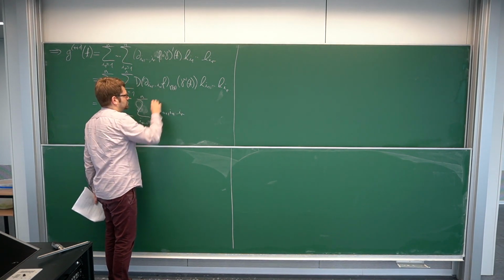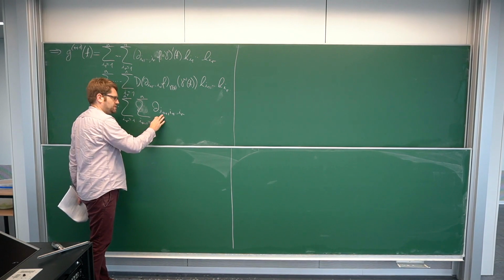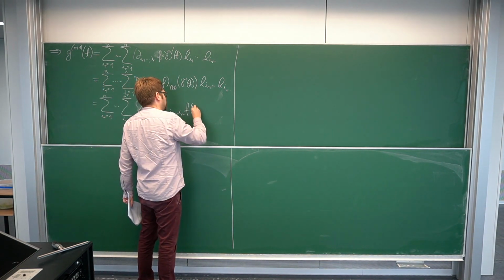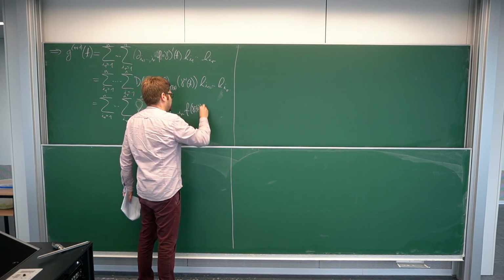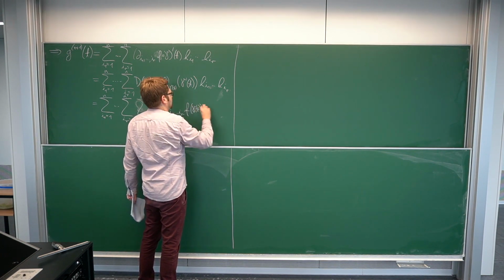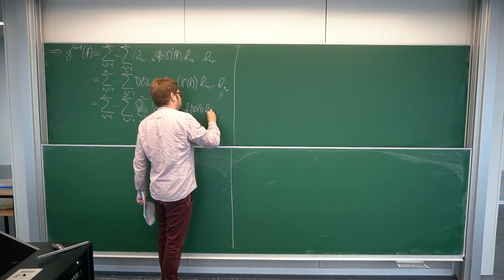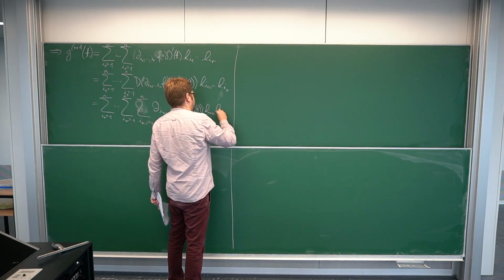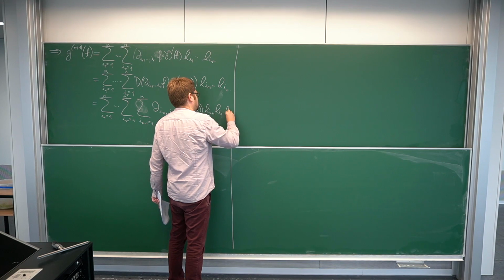So this is derived in the I_{r+1} direction of f in the point gamma of t times the I_{r+1} component of h, which is h_{I_{r+1}}, and we still have h_I1 to h_Ir.